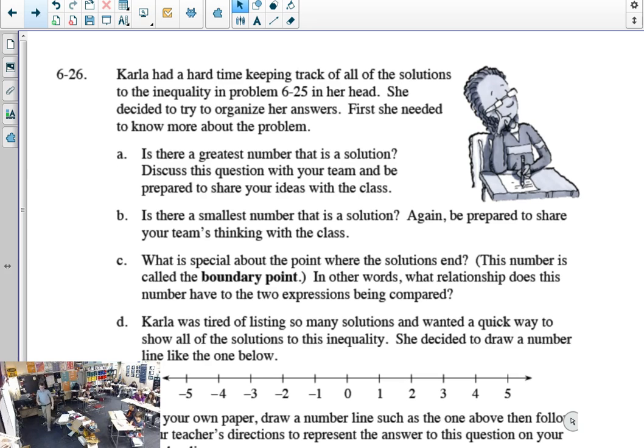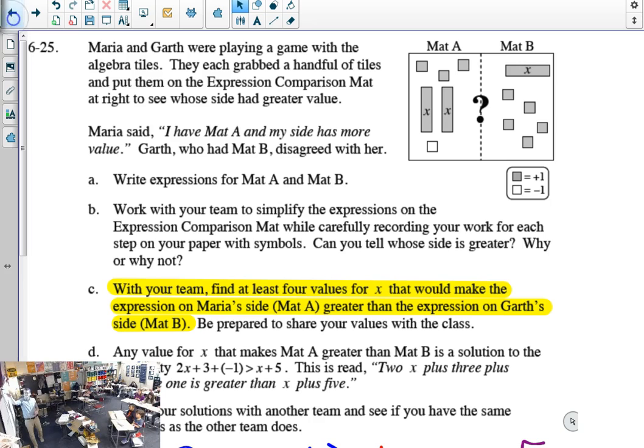Anyone want to volunteer? I won't use cards here. Anyone want to volunteer your sentence, what you wrote, how you would explain this to somebody? Alex? I wrote that x has to be greater or equal to 3. X has to be greater or equal to 3. So if we check this, say that's what you told me, and I want to make my life easy, so I'm like, well, that's kind of confusing. You said or equal to 3, so I'm going to try 3.